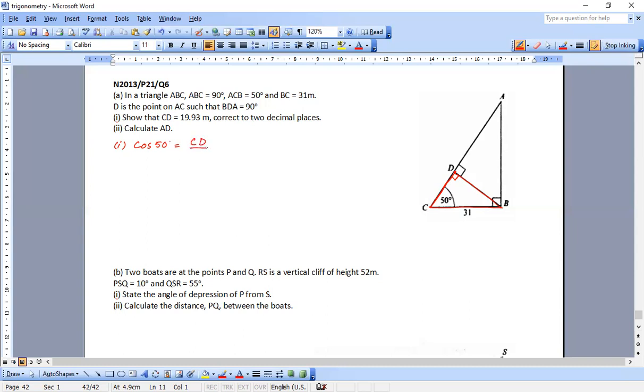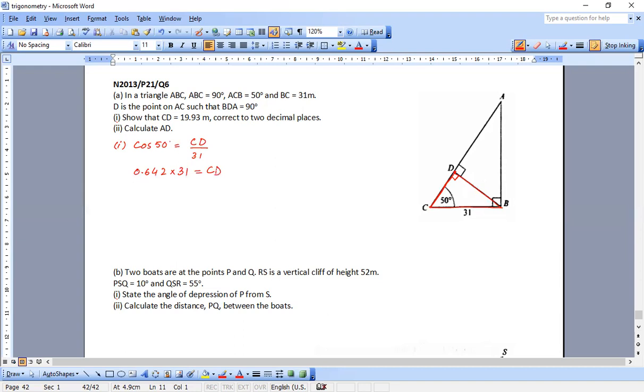Adjacent is CD upon hypotenuse is 31. So cos 50 is equal to 0.642, and I'll move 31 to this side. It will multiply with this value and equal CD. Let's multiply 0.642 with 31.